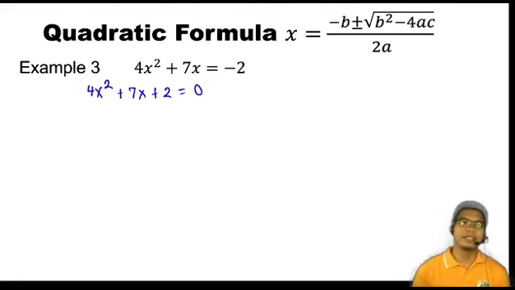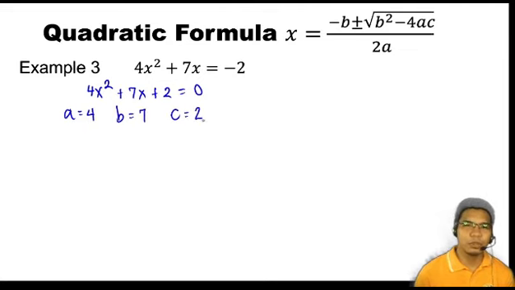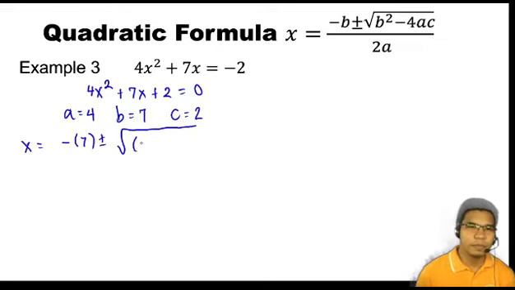So kapag naka-standard form na, tsaka lang natin pwedeng kunin yung value ng A, B, and C. So A here is 4, B is 7, and C is 2. We are now ready to substitute. So we have here x, negative quantity 7, plus and minus square root of 7 squared minus 4ac.